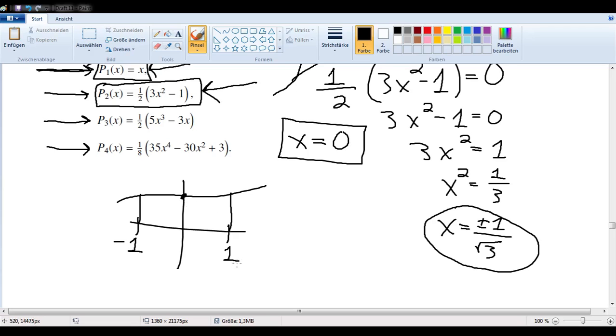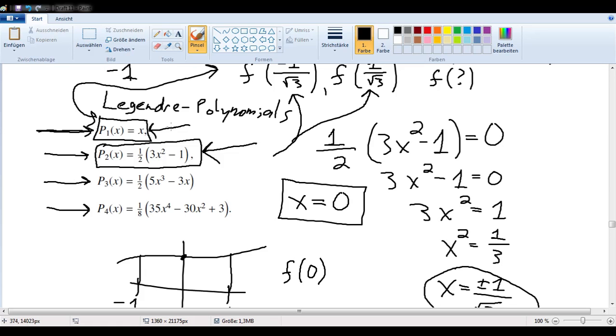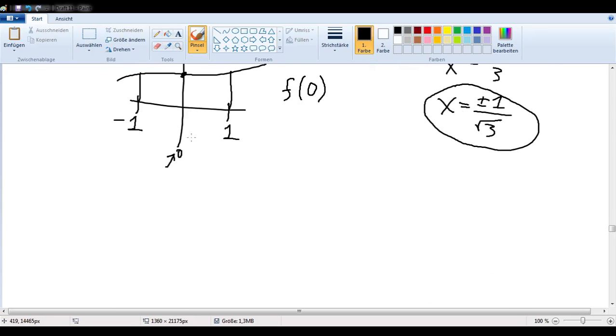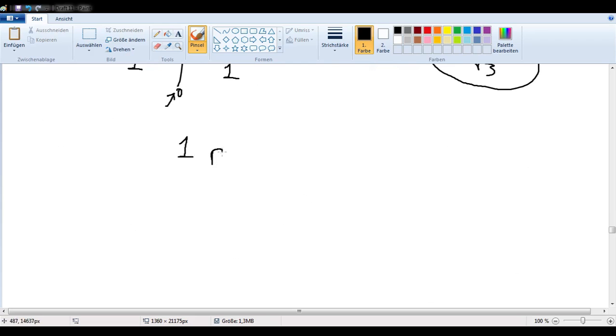The midpoint between 1 and -1 is just 0. So the point we would need to know for the midpoint rule is f of 0. And you may also remember that the midpoint rule, although we only knew one point, was able to exactly calculate the integrals of polynomials up to degree 1.